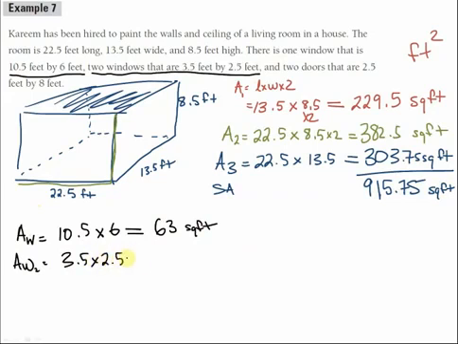And because there's 2 of them, double them up. 17.5 square feet. And then 2 doors. So again, we're going to have to figure out the area of the doors, and we'll double that because there's 2 of them that are 2.5 by 8-foot high doors.